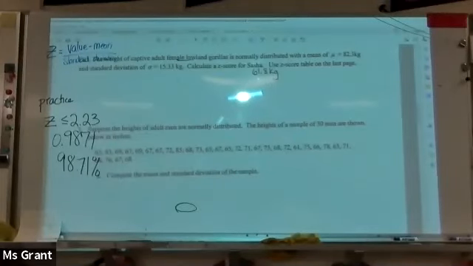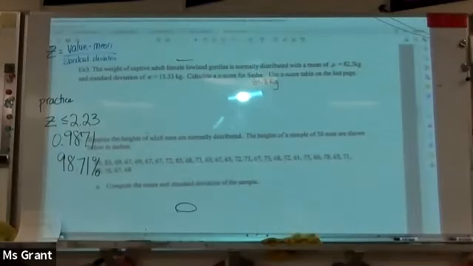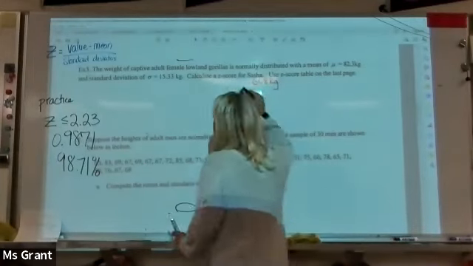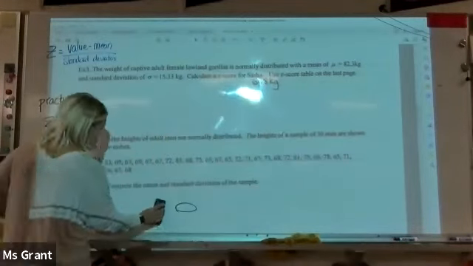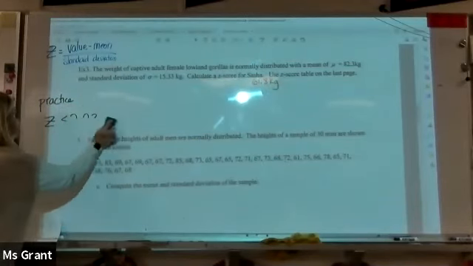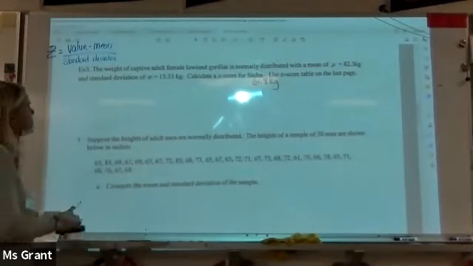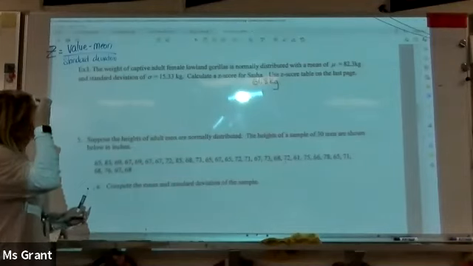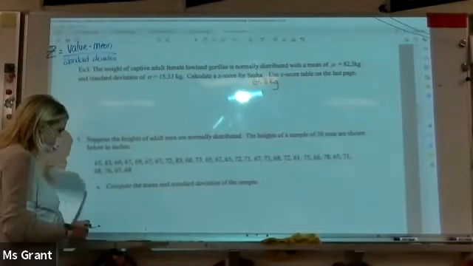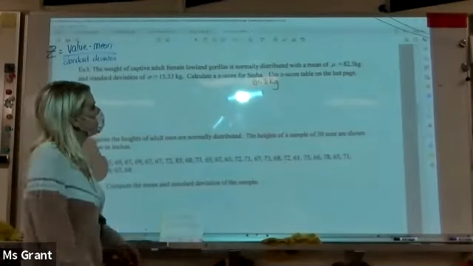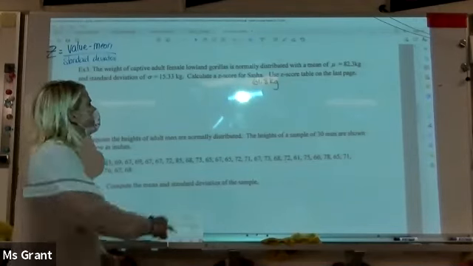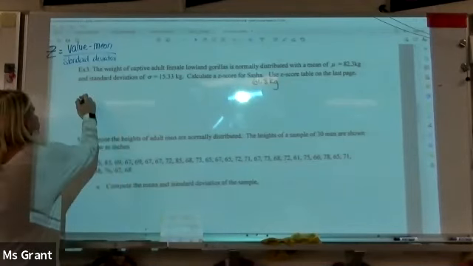Okay. The weight of a captive, okay, living in a zoo. This is not a free gorilla. A captive adult female lowland gorilla, okay, lowland, not crazy mountains, is normally distributed with a mean of 82.3.